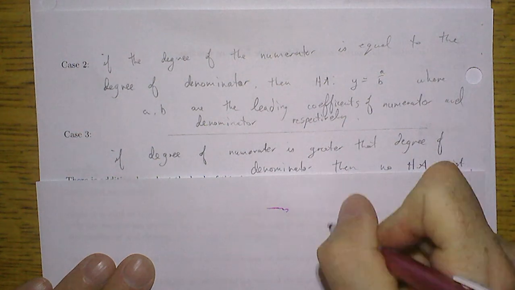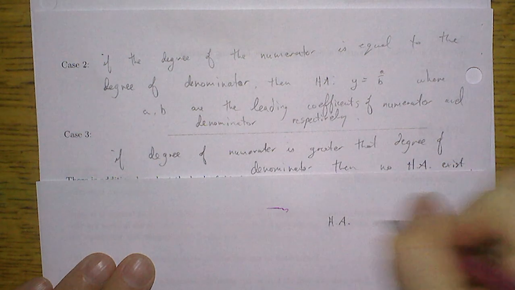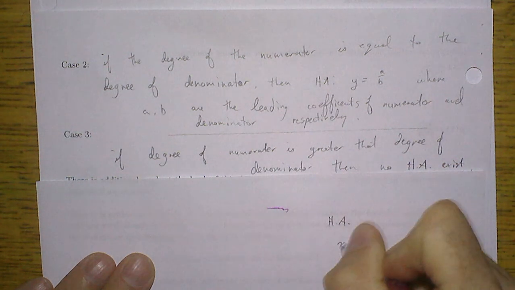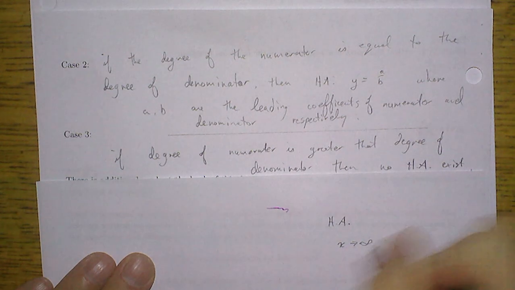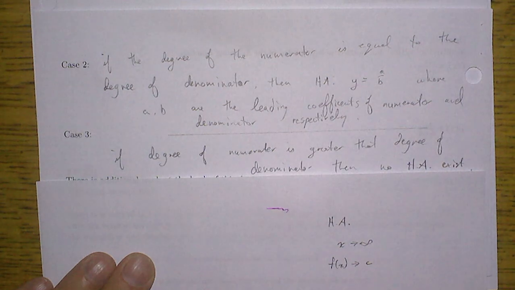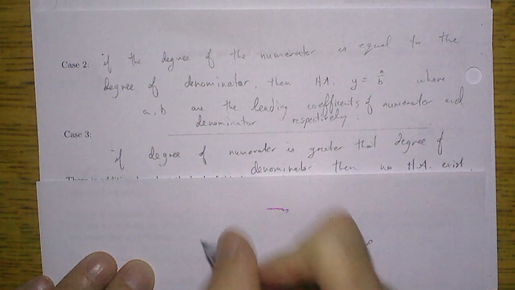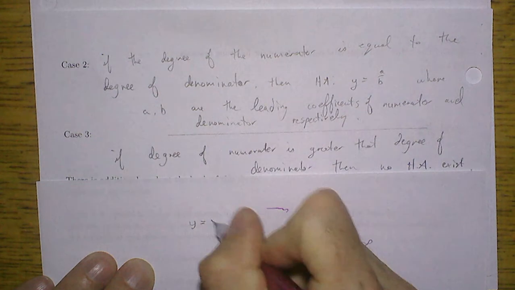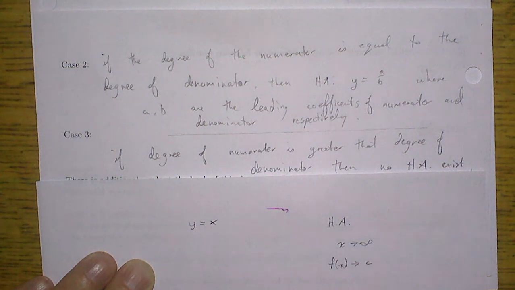Now, a horizontal asymptote by definition says that as x gets infinitely large, we must have a function f of x approach a constant c. So I'm just going to give you an example where there's not a horizontal asymptote, for the function y is equal to x. We're quite familiar with that.